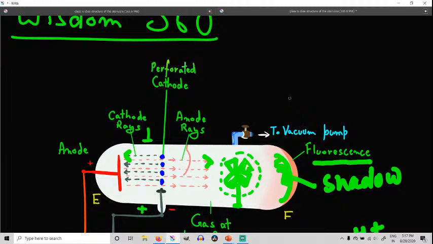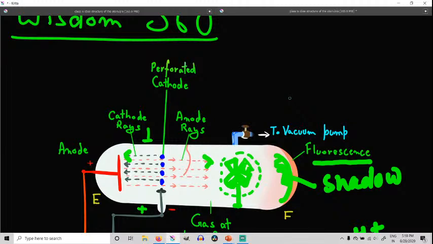And now we also know the properties of anode rays: they travel in a straight line, they carry positively charged particles, and they show deviation in electric and magnetic fields. We have understood the value of the charge and the absolute mass value. So we have understood everything.